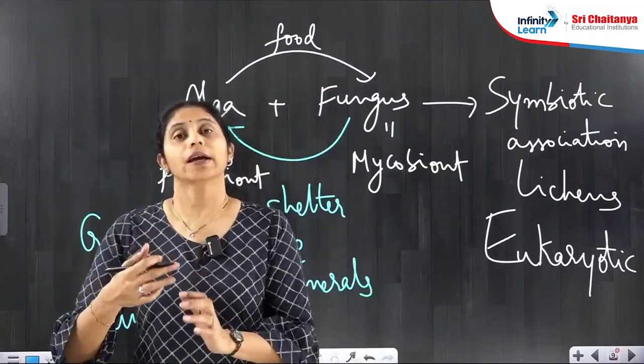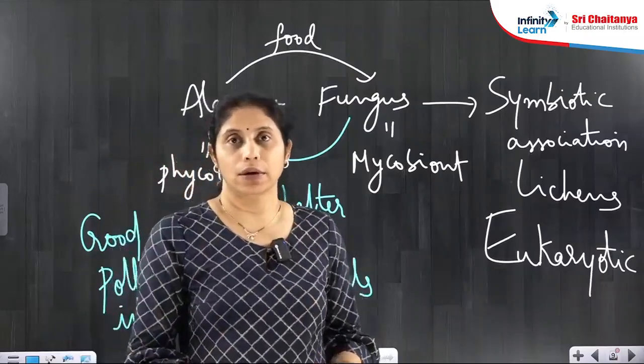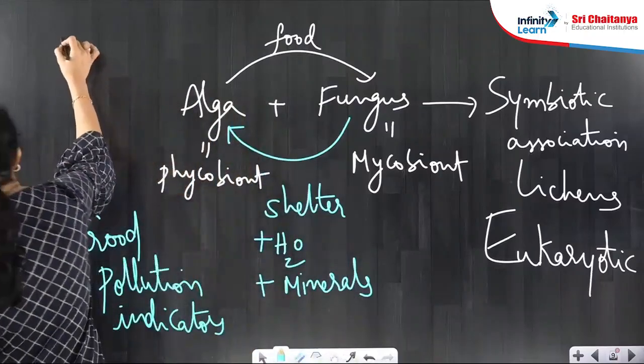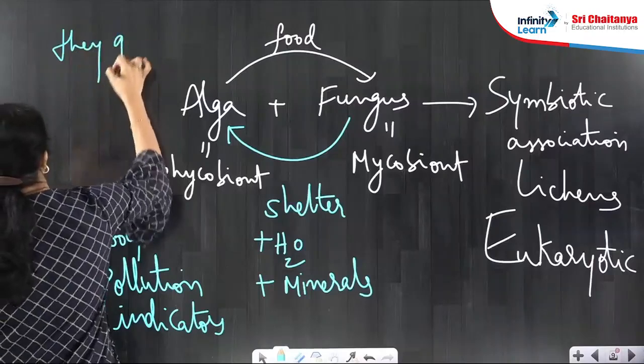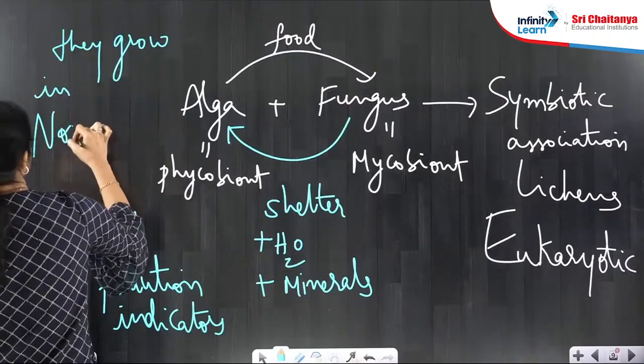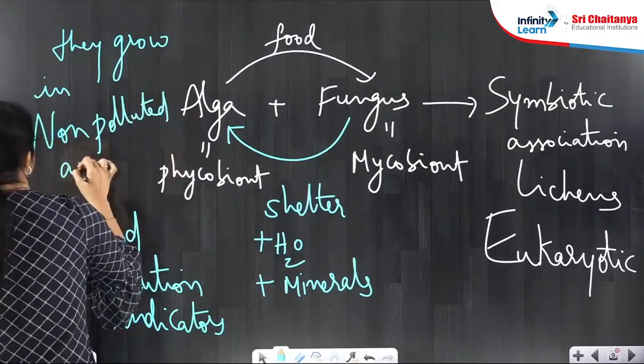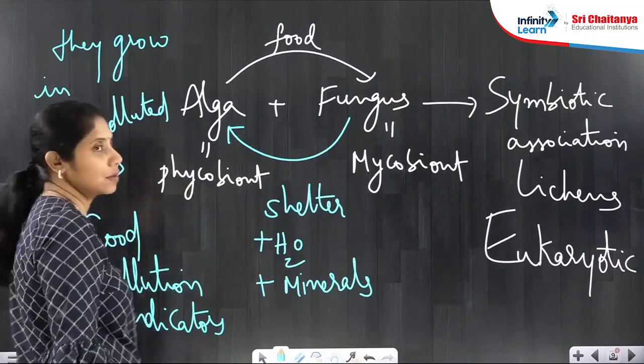No. If lichens are not there, they will indicate that the area is polluted. They grow in non-polluted areas. They cannot grow in the polluted areas.